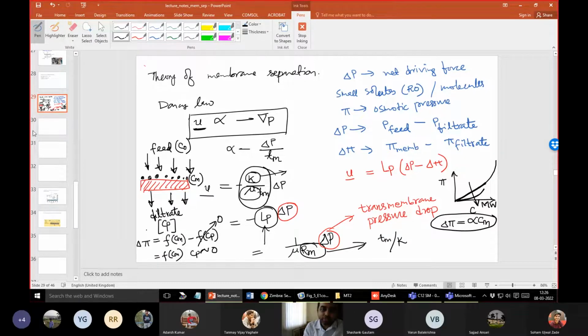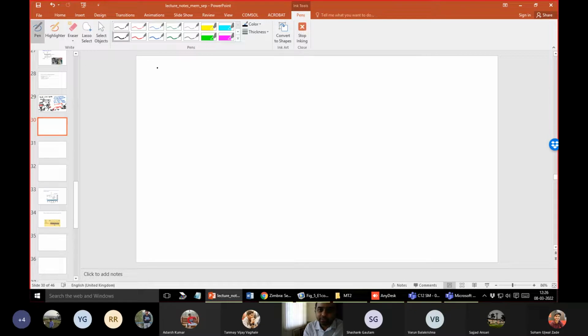If the solutes are large, we'll talk about this in more detail, they deposit and foul the membrane surface.